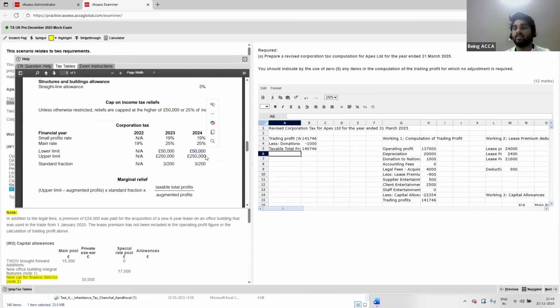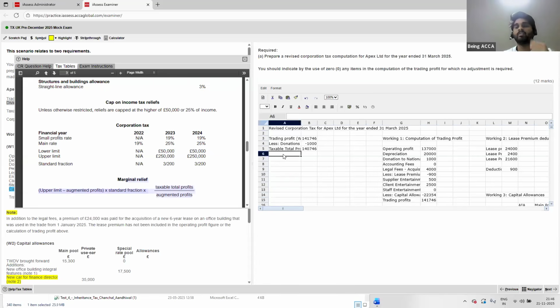Apex Limited's taxable total profits lie between 50,000 and 250,000, so Apex Limited is eligible for marginal relief. To compute the marginal relief, you will be given the formula, for which you need the augmented profit computation. So for that reason, we will be taking the augmented profits as well.